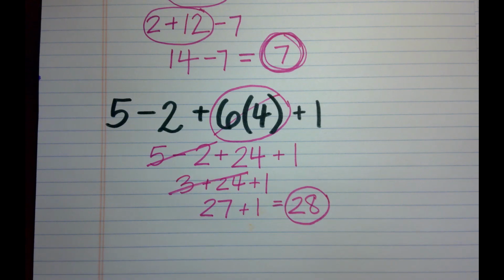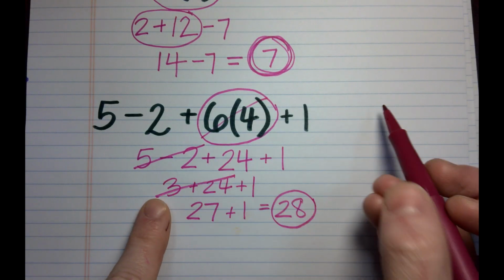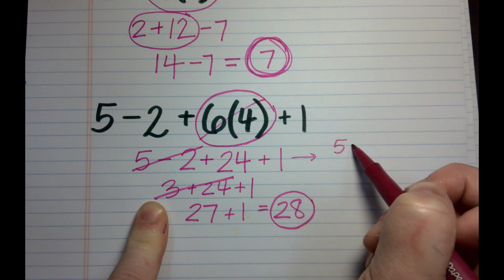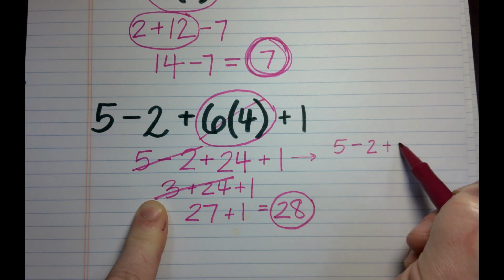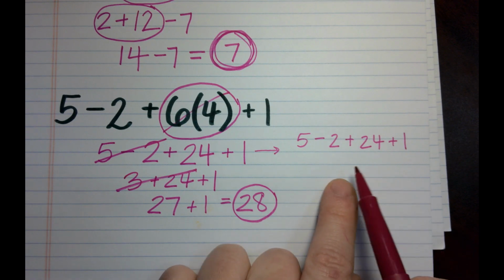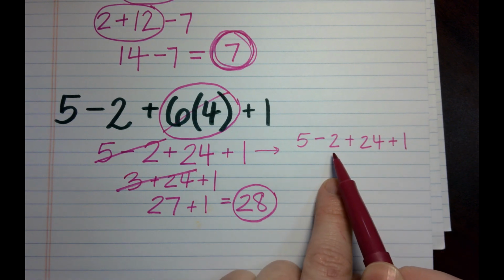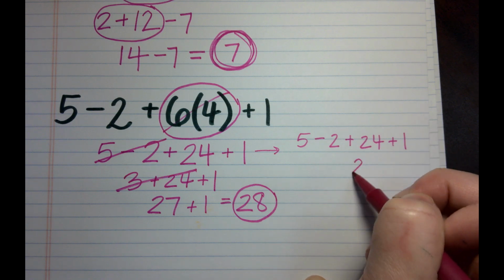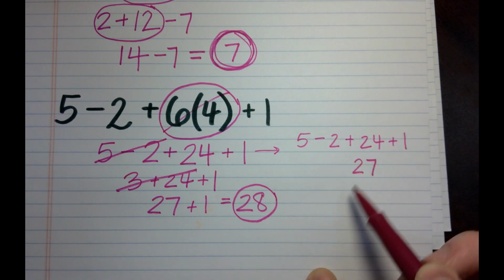Very nice. Actually, ooh, no, that'd be different. Let's see. If I did 5 minus 2 plus 1, I added all 3 of those and came up with 28. 2 plus 24 plus 1 is 27 minus 5.